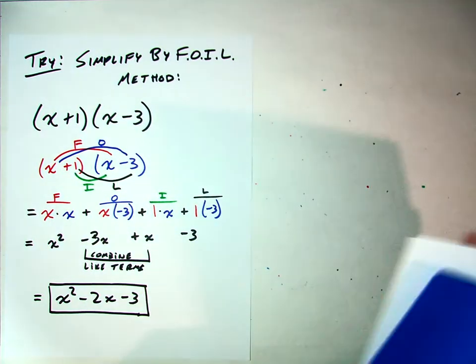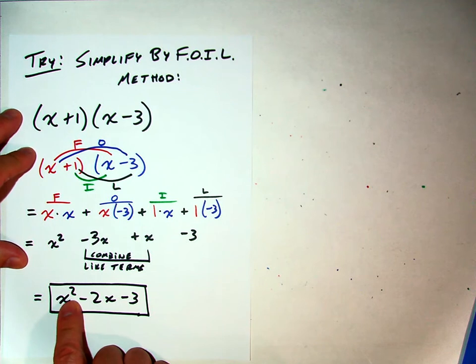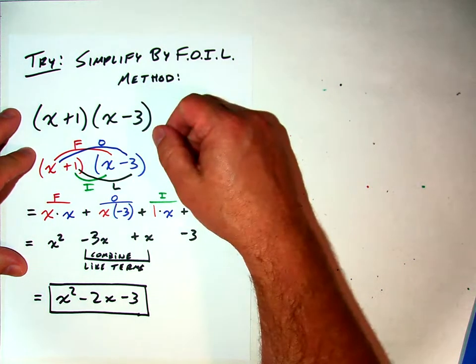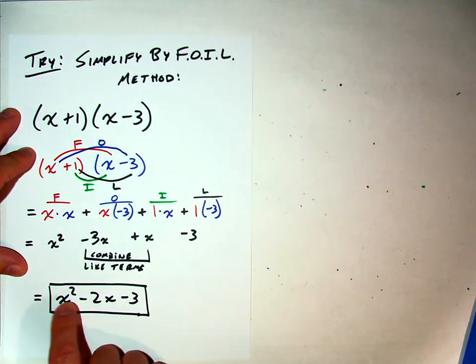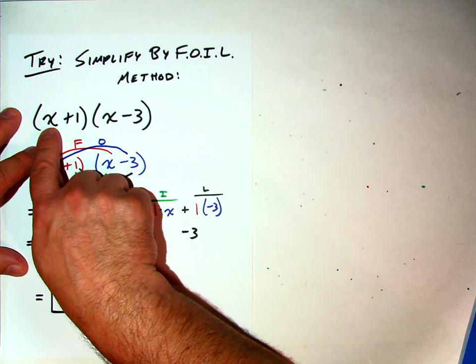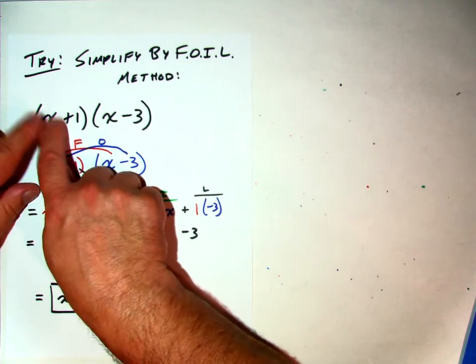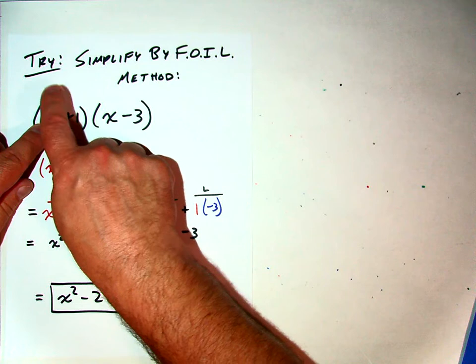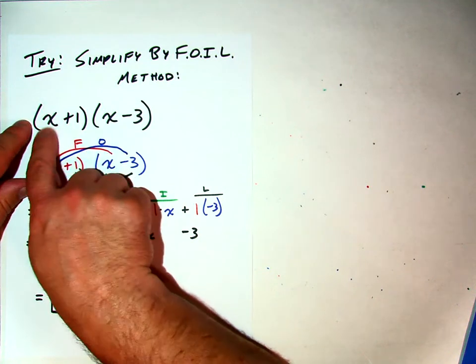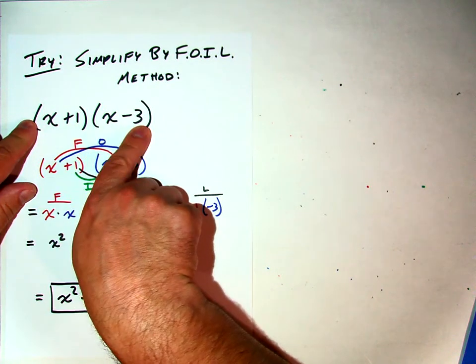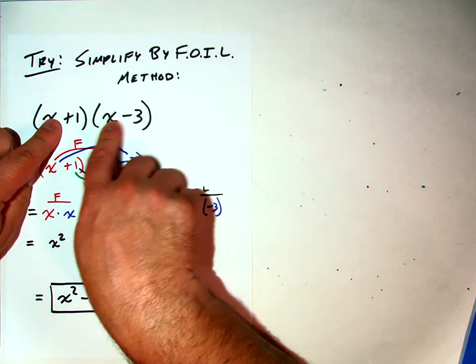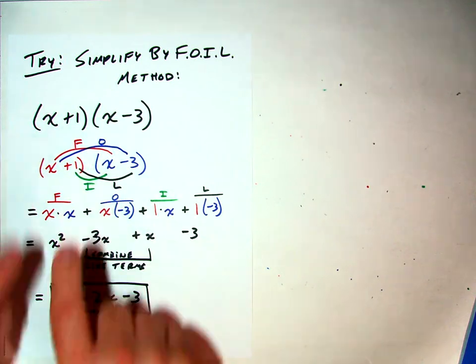So now for the first time we have a quadratic we're talking about today. What makes this quadratic is this exponent of 2. Up till now, we've really only been using linear expressions and linear equations where the x has the implied exponent of 1. That's called linear. So this is a linear binomial. This is another linear binomial. We multiply these 2 linear binomials, and the x times the x gave us x squared.